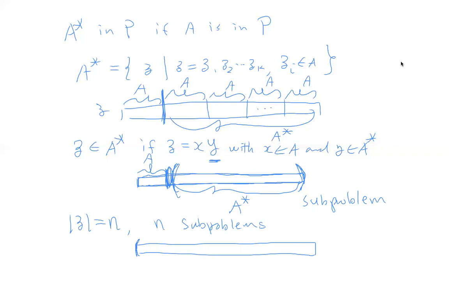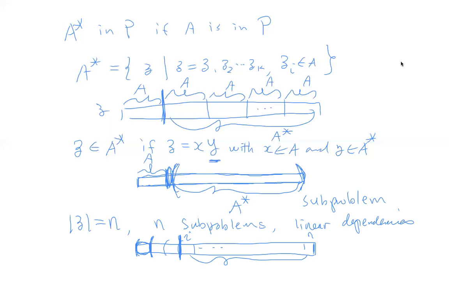Then we break it here: I want to know whether this part is in A and the remaining part is in A star, and then another breaking point, and so on. So the dependencies are also linear. Meaning if my subproblem starts from I to n, then I'm going to have n minus I subproblems. So that's linear.